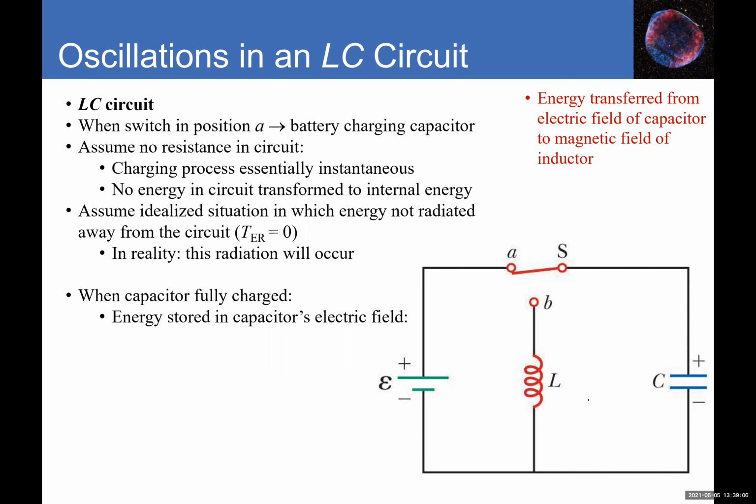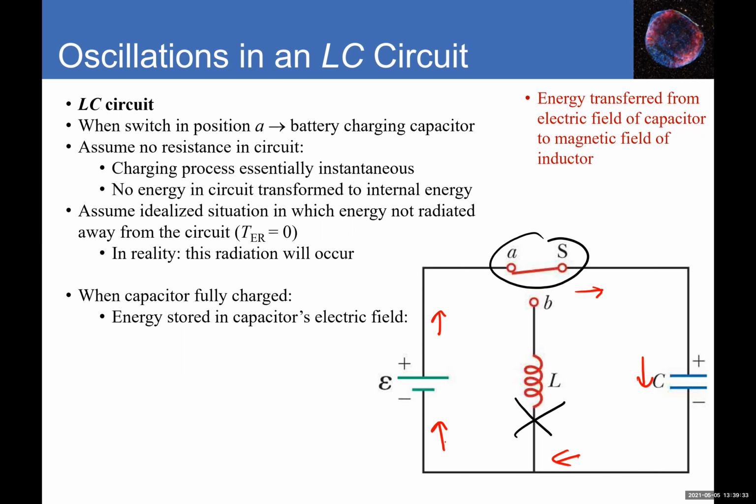First, we start with the switch thrown at A. When it's thrown at A, this basically becomes nothing. Okay, so that's an open circuit there. So there's going to be a current, and the current here will go like this. We have just a capacitor in the circuit, with no resistance.